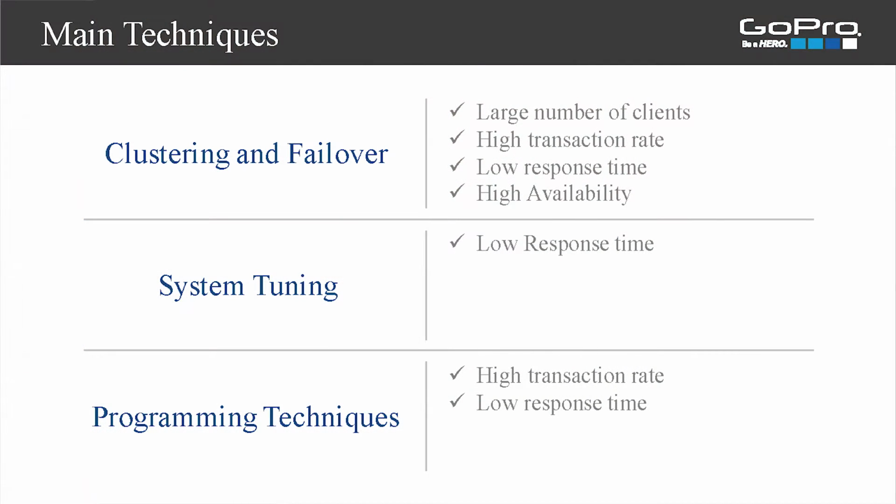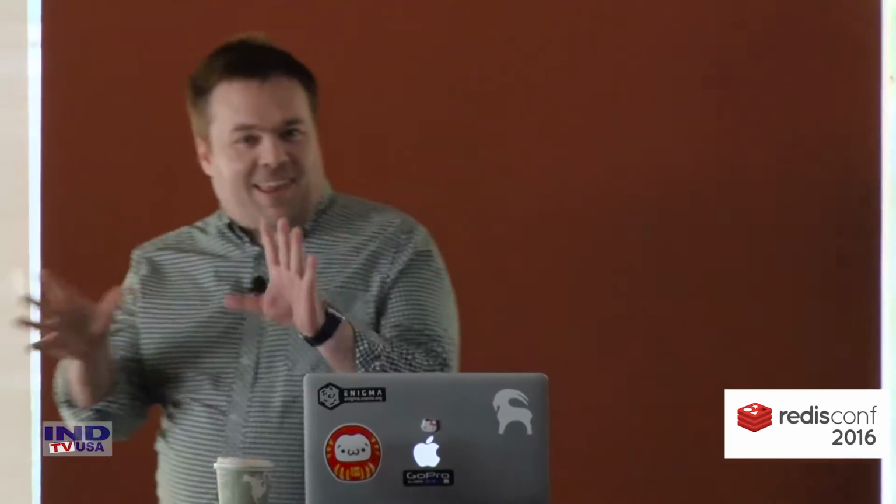A lot of what I'm going to talk about today falls into three main categories. There's clustering and failover, which I use to support a large number of clients and a high transaction rate, the low response time, and high availability. You get a lot of the things you want out of a system just from doing clustering. But there's some other things you can do when you start diving into the system, tuning the system both at the Linux level and the Redis level to get better response time.